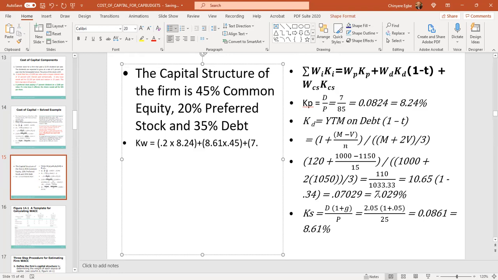I'm going to call that 7.23 to save space, times the weight of debt. We say debt is 35%. Okay, 0.35.